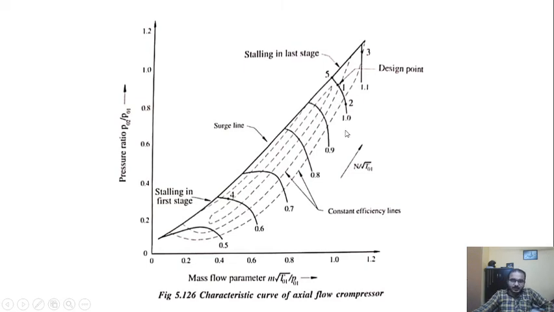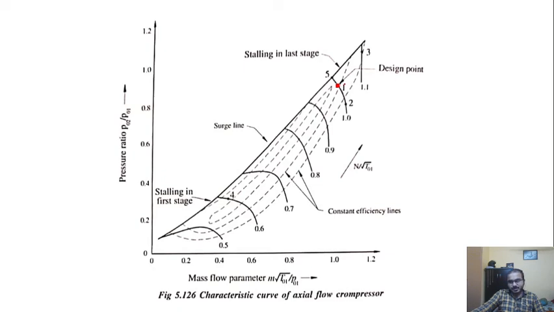And our design point over here is point number 1. So this is our design point, and at this design point all the velocity triangles and flow angles are in accordance with the design values.